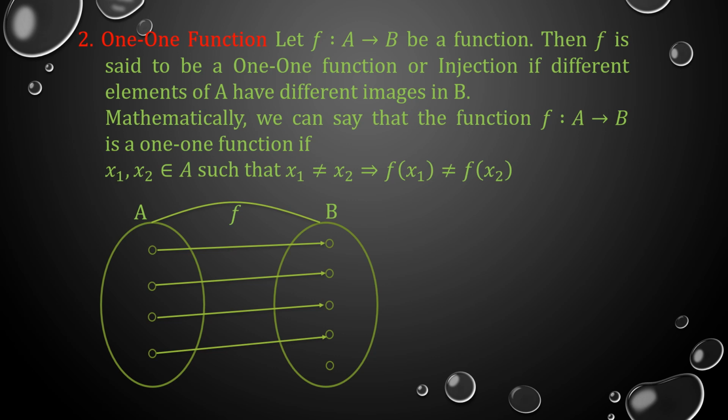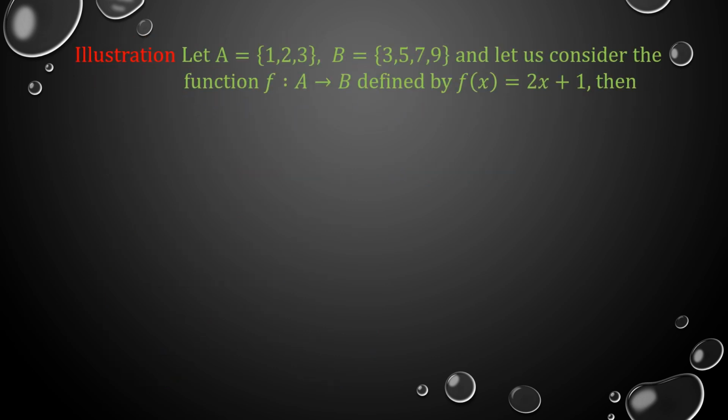So let the set A be {1, 2, 3} and the set B be {3, 5, 7, 9}, and let us consider the function f from the set A to the set B, defined by f(x) = 2x + 1.